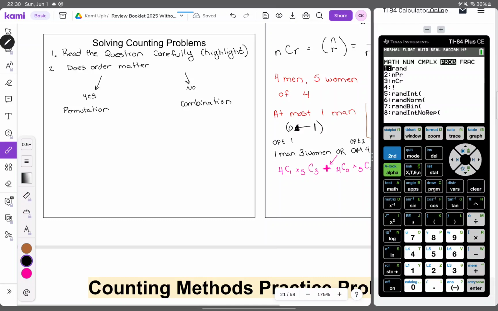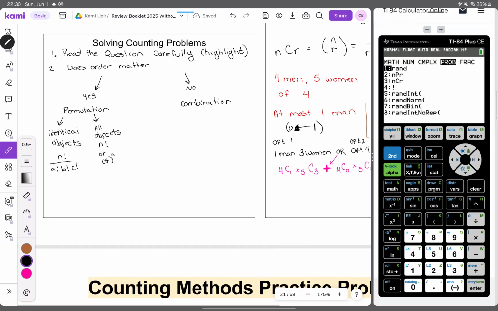All right. So if the order matters, do we have identical objects? If we do, then we're doing that n factorial over a factorial, b factorial, c factorial. Are we using all objects? If we are, then we can use n factorial, or maybe we're allowed to repeat, and it's your number to the power of however many things you have.